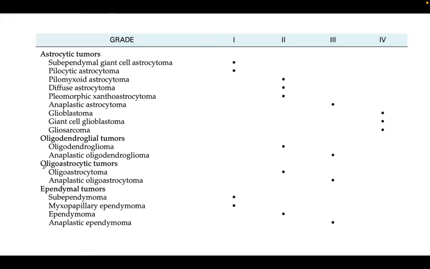Here we mentioned the grade 1, grade 2, grade 3, grade 4. So don't forget, under grade 1, the astrocytic, particularly pilocytic astrocytoma, and the subependymal giant cell tumor, which we commonly call SEGA. That's the subependymal giant cell astrocytoma.